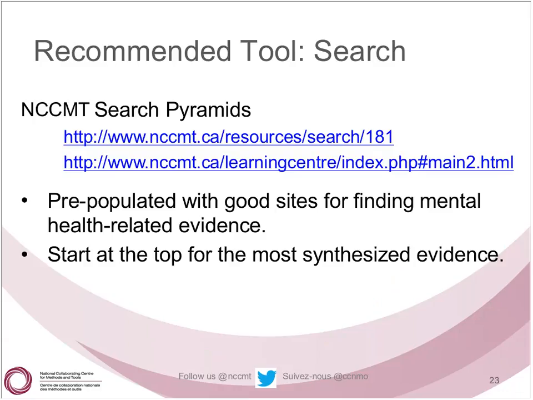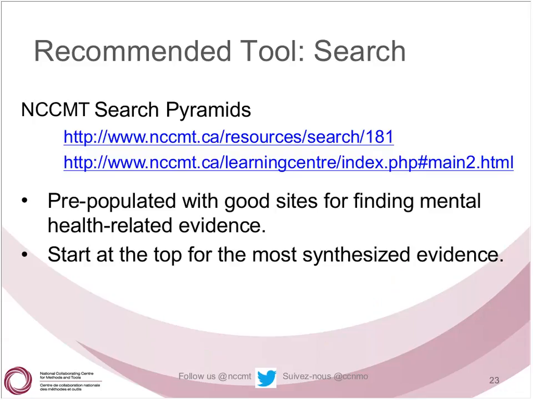And I have a tool for you. So for searching, the question is, well, where are you going to look for that evidence? So as a way of assisting people with that, there are lots of databases out there. But the NCCMT has some search pyramids, and I'll show you an example of one in just a moment, that are pre-populated with good sites for finding, in this case, mental health-related evidence.